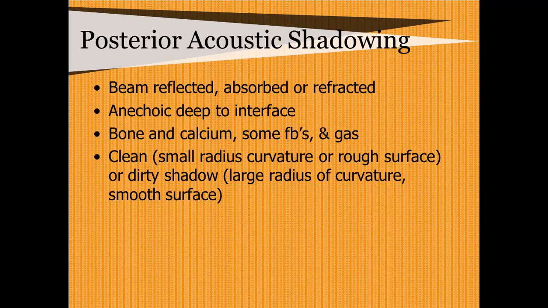You get this with bone and calcium, some foreign bodies, more or less depending on what the foreign body is made of, and with gas as well. You get a nice clean shadow with small radius of curvature or rough surfaces, or a dirty shadow with larger radius of curvature or smoother surfaces.